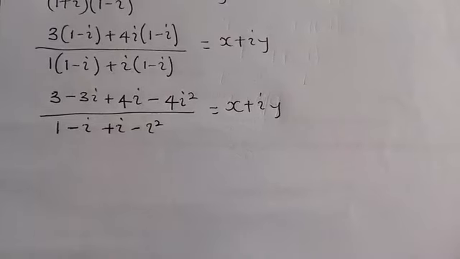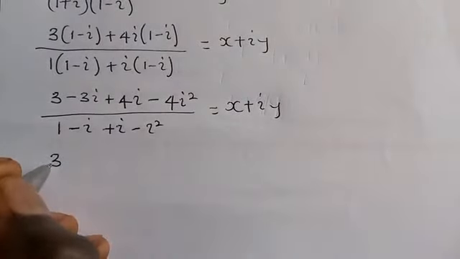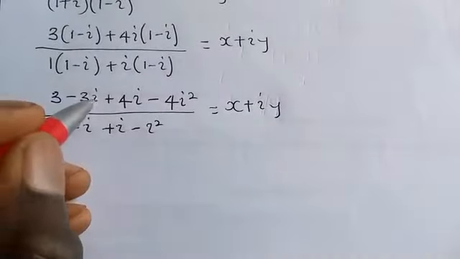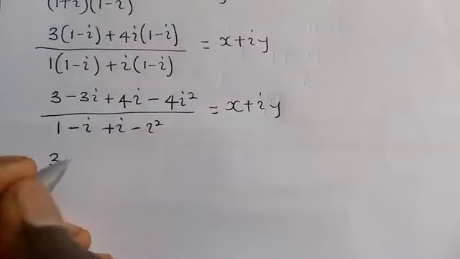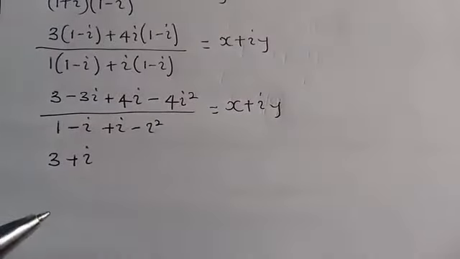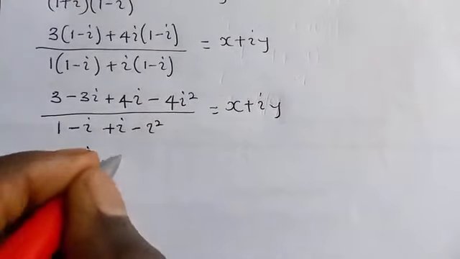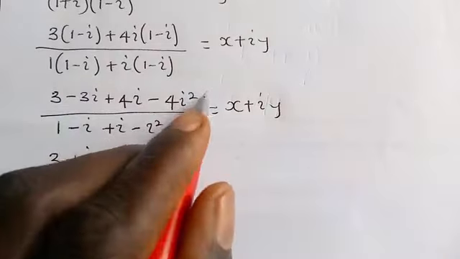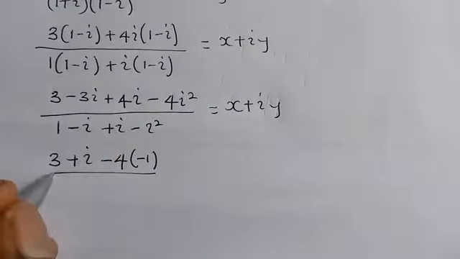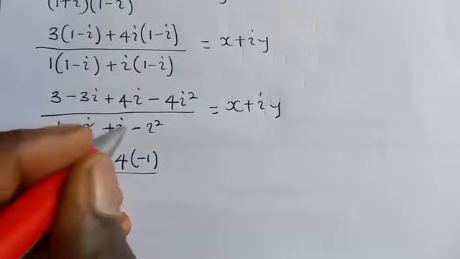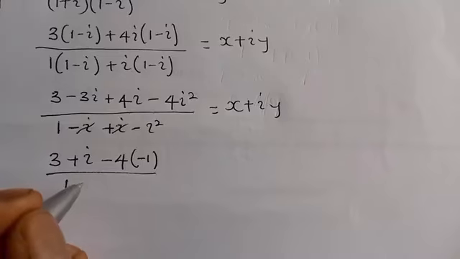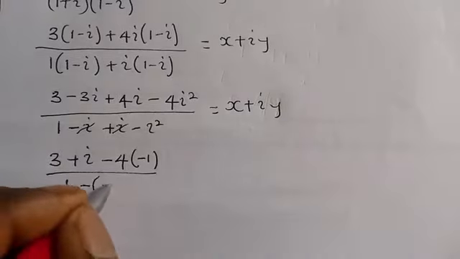Next we have 3, minus 3i plus 4i is plus i. Minus 4 into minus 1, which is the value of i squared. Divide by, minus i will cancel out plus i, and we have 1 into minus 1.